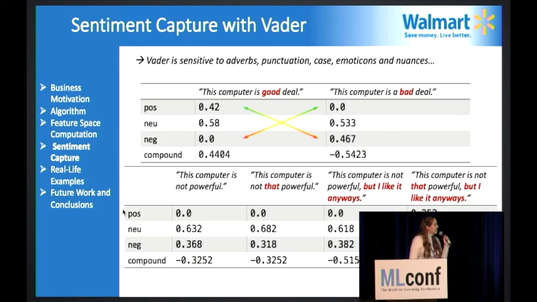Here I just wanted to show you a few examples, because this package is pretty cool. This Vader module is sensitive to a whole range of different things that you could put in a review or in a textual comment. It's sensitive to the usage of adverbs, punctuation, uppercase letters, emoticons, etc. If you look at the first example, "this computer is a good deal," it sounds like it's saying something good about the product, but it's not over the moon good.